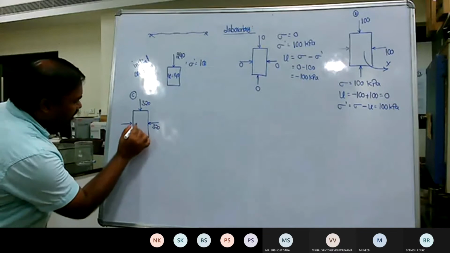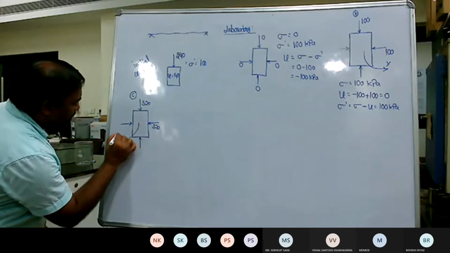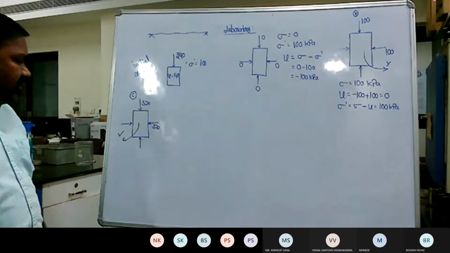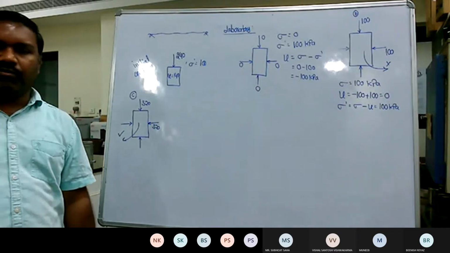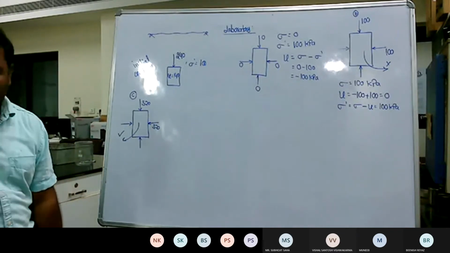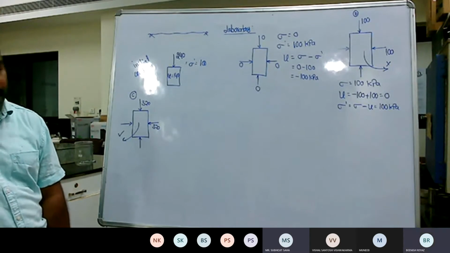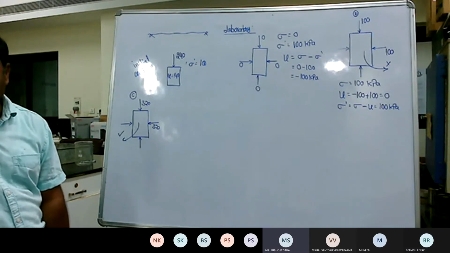But here, what is the condition? The drainage valve is open. Now, what is the first implication of the drainage valve being open? Consolidation will occur.